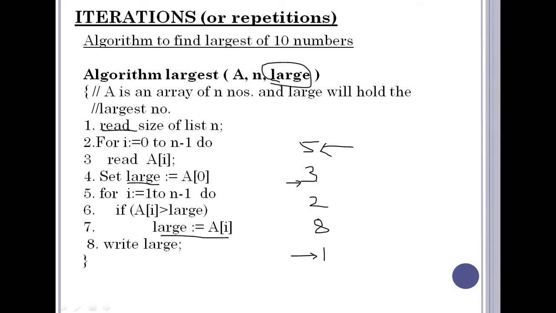If it is not, we will not set a new value. When I reaches 3, my large is 5 and A of I is 8, and A of I is greater than large. This condition is true, so large is initialized with 8, and after that 1 is compared with 8. This condition is false, and we reach the statement where we return large or write large.